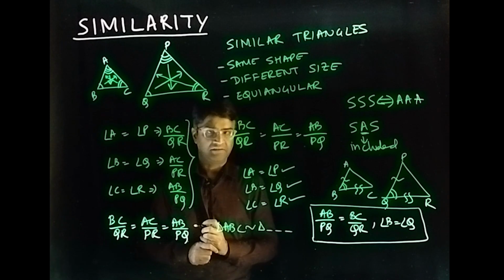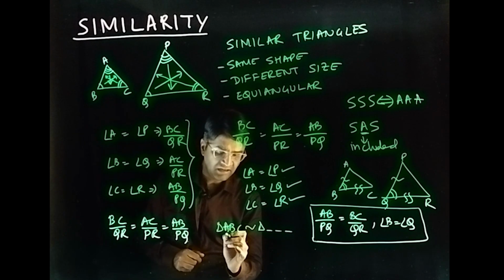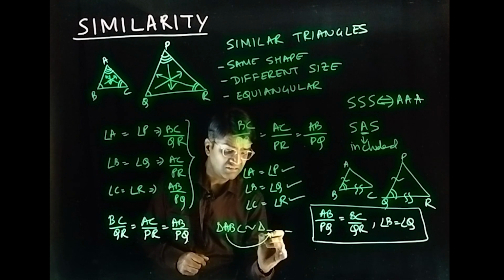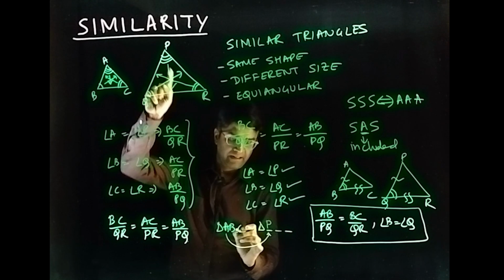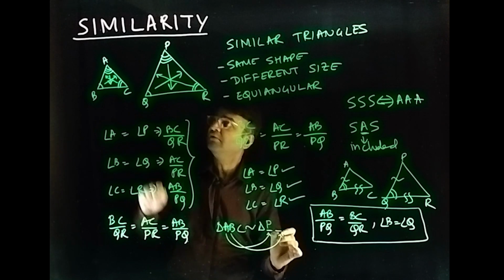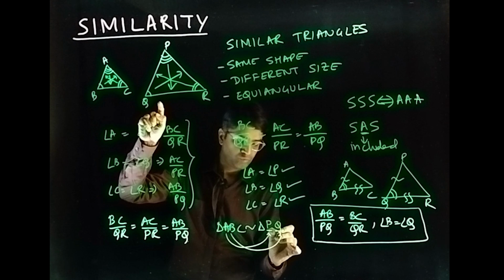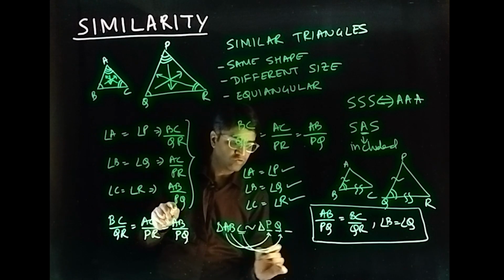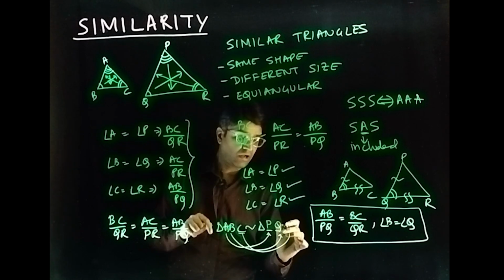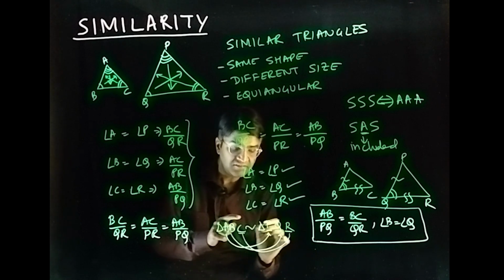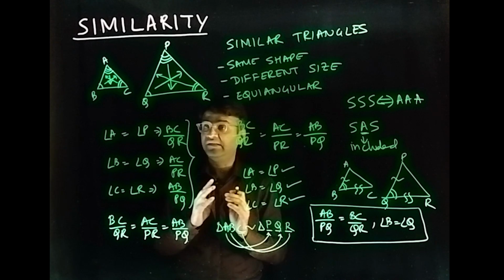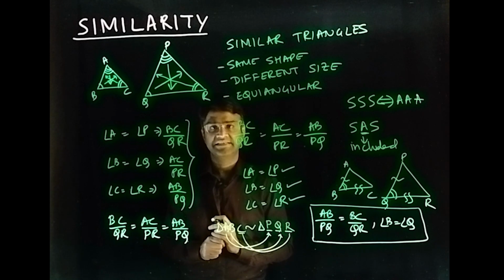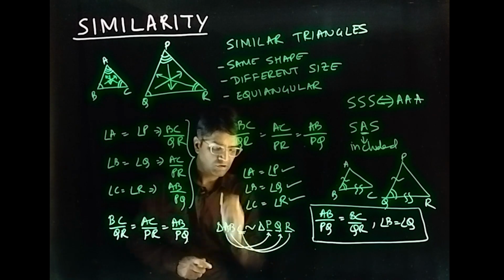There is a way to write, that's very important. Angle A corresponds to which angle of the other triangle? Angle P. Angle B is equal to which angle? Q. Angle C equals which angle? R. You will have to maintain the sequence. Any other sequence is wrong.